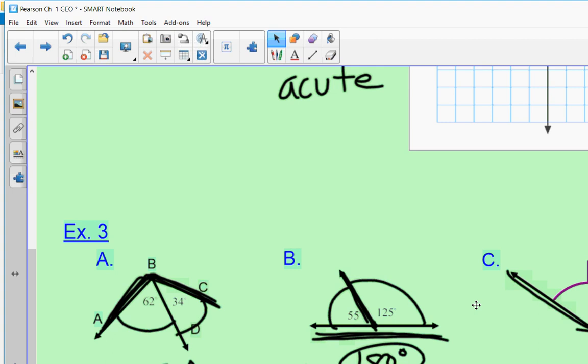So what they really want me to do is get this little angle in here. How do you think I'm going to do that? Well, if the whole thing's 143, I think I could subtract 41. And that would get me 102 for this one up here.